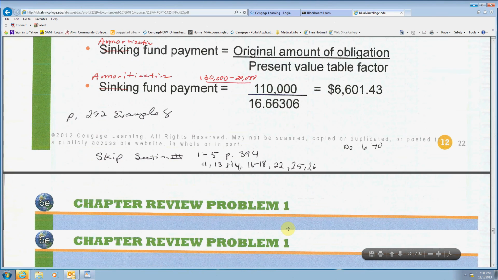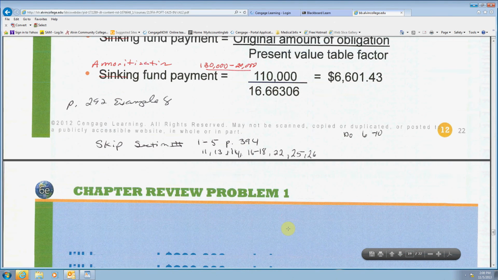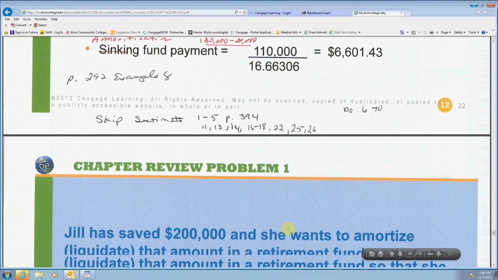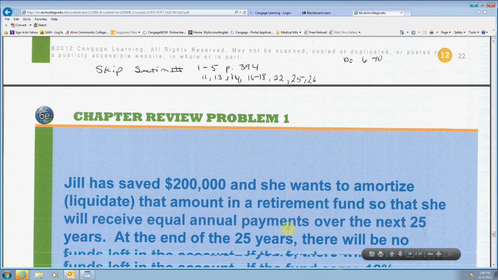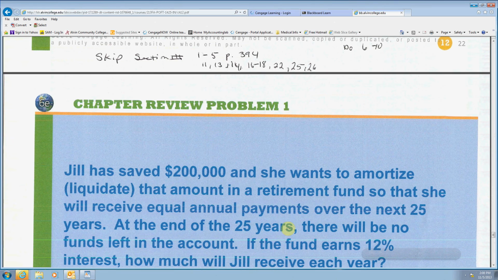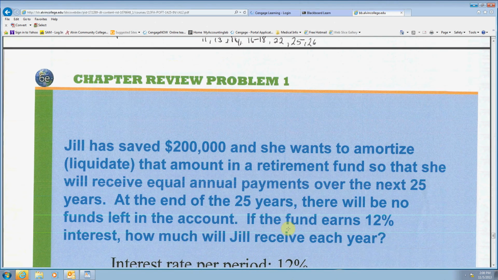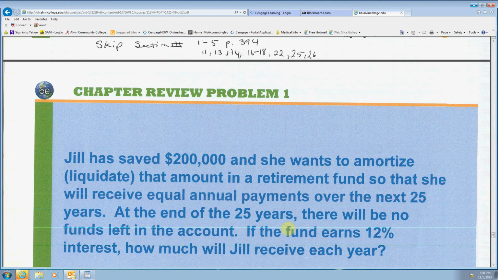And this moves us to review problems for this chapter 12. So Jill has saved $200,000 and she wants to amortize, so we know it's an amortization problem, that amounts in a retirement fund so that she will receive equal annual payments over the next 25 years.